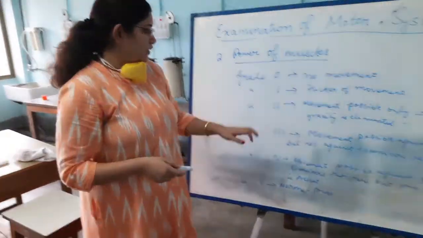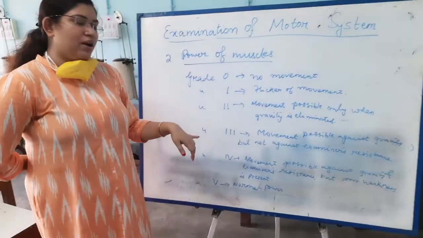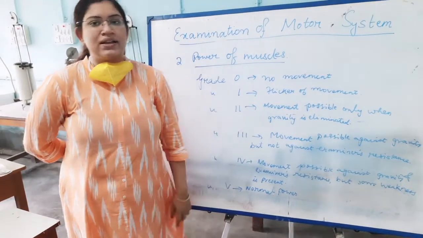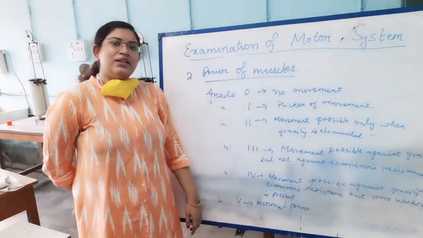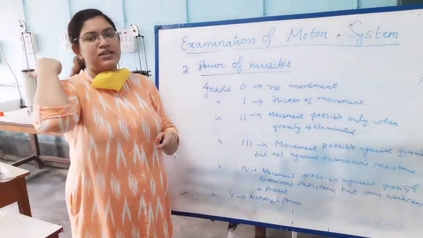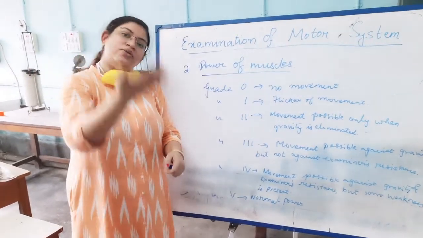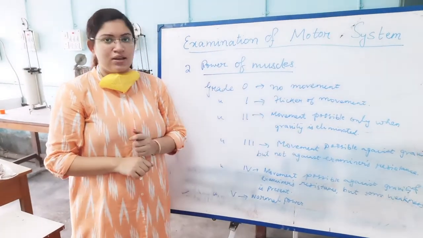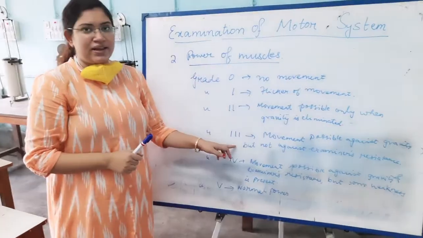That is grade 2. Again you come back after a few days and you try to give resistance against his movement. You see that he is able to move his limbs on his own. You ask him to lift his elbow, he is able to lift it. But you ask him to lift his elbow against your resistance, he is not able to do that. So that is grade 3.